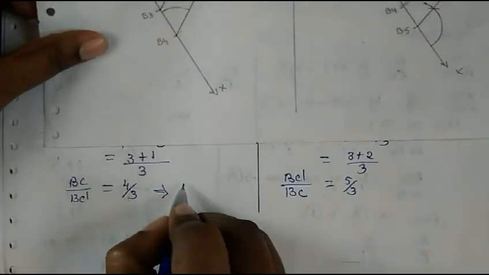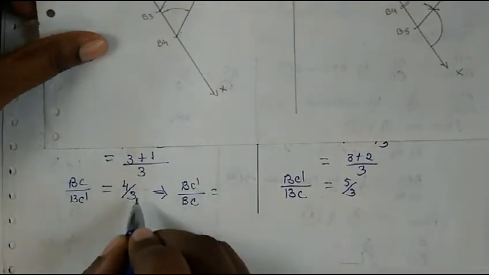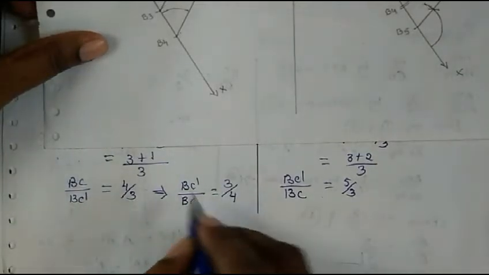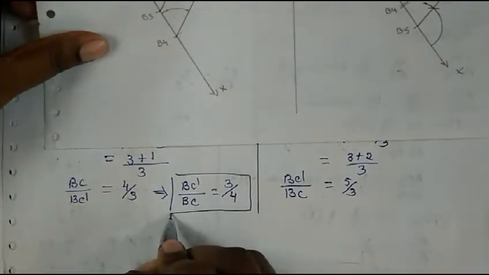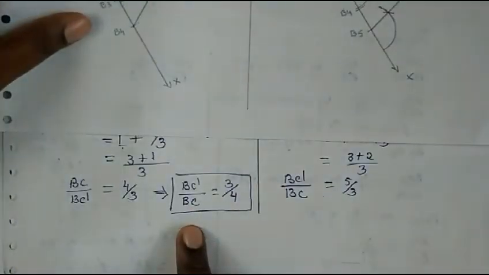BC dash will come up and BC will come down. So 3 will come up, 4 will come down. So we have proved now 3 upon 4, that is BC dash upon BC. Okay, is it clear to you?